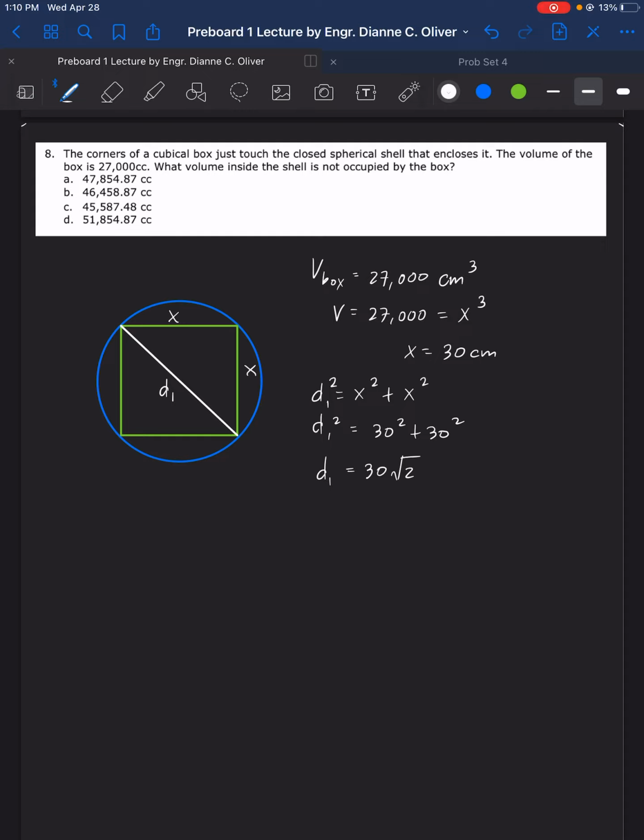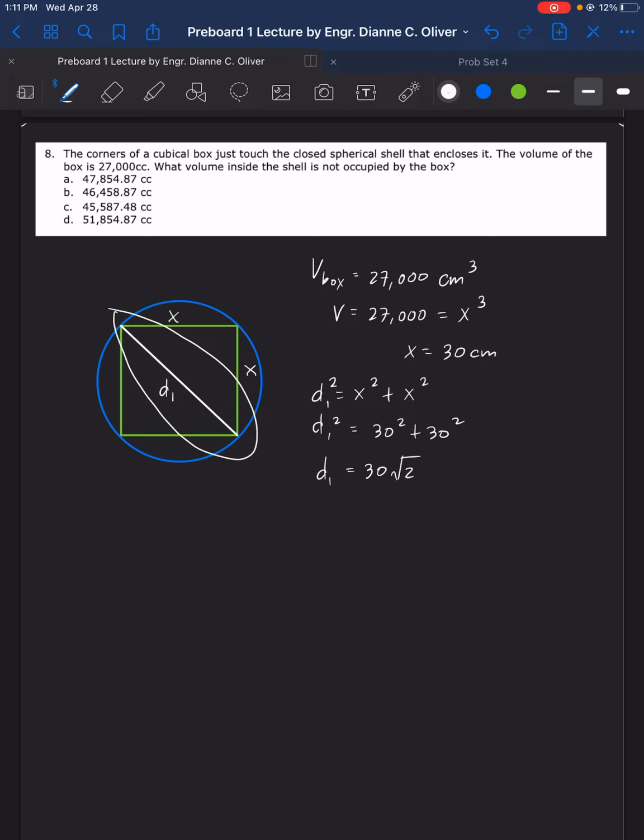So our target here is to find the volume of the sphere, and then subtract the volume of the box. But sorry, I need to be corrected.